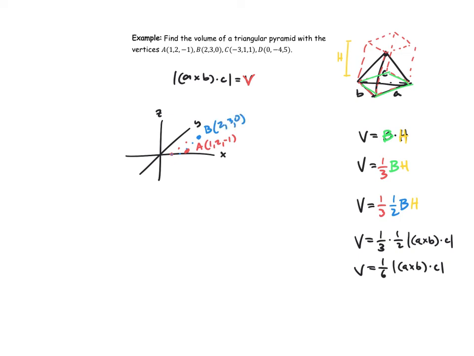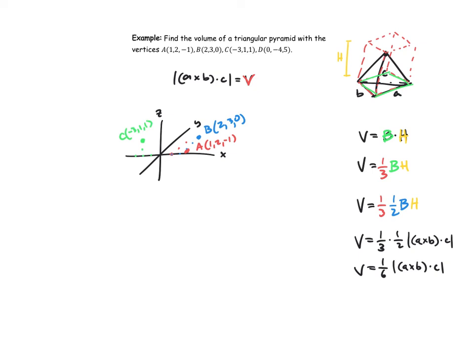All right, so there's A and B. Let's plot C. C is left 3, Y direction 1, and up 1. Okay, so there's C. C is 1 unit above B in the Z axis. There's C: -3, 1, 1.